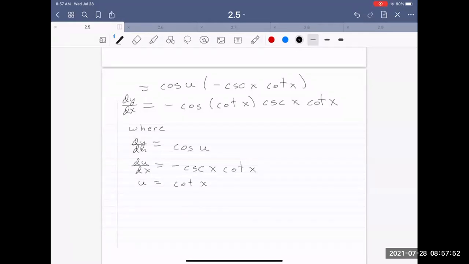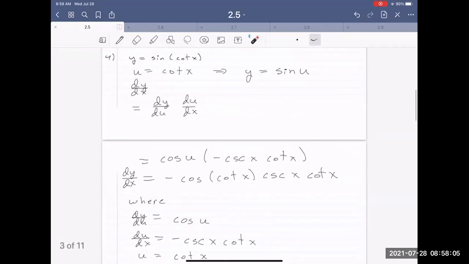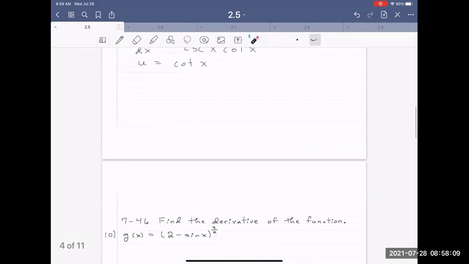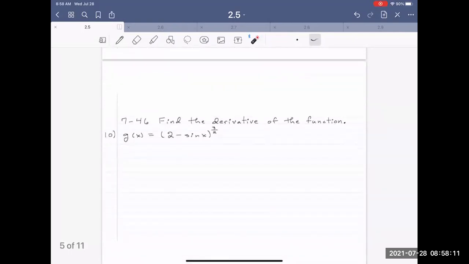So any questions about that? I should have written this down first and then written this down.